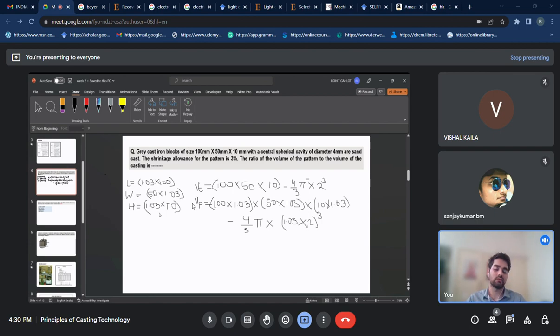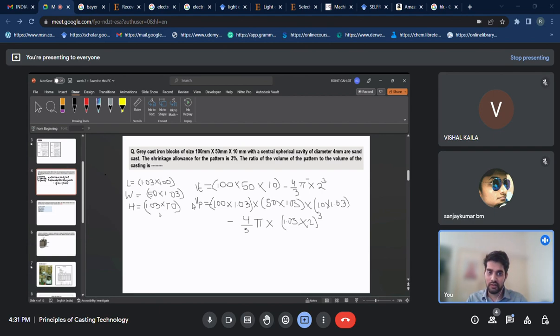Like in 11th or 12th class, we used to do calculations for a rectangular farmhouse or something, and then we needed to fence it outside.